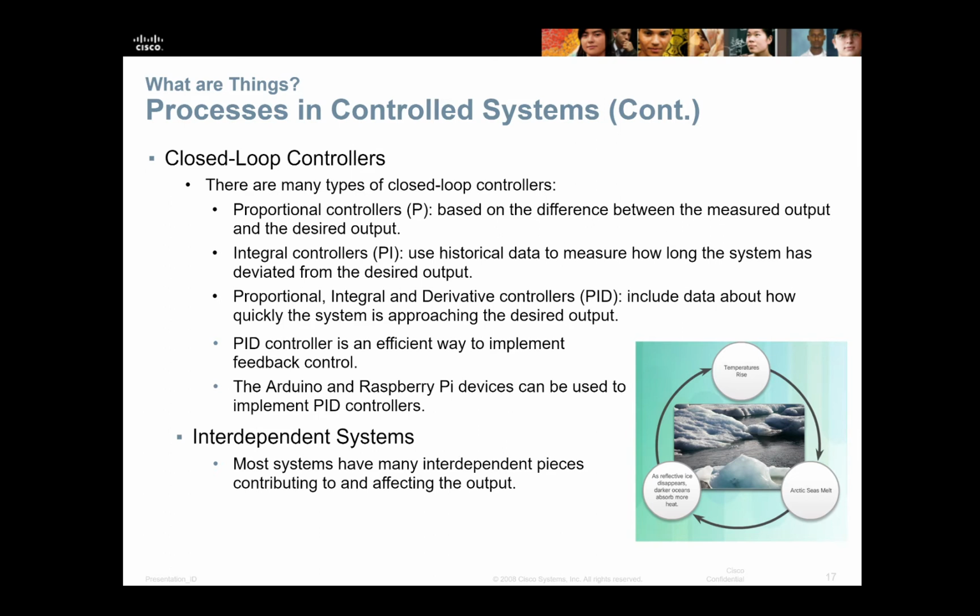Then there are interdependent systems, which basically brings us back to real life. Most real life systems have interdependent behavior.